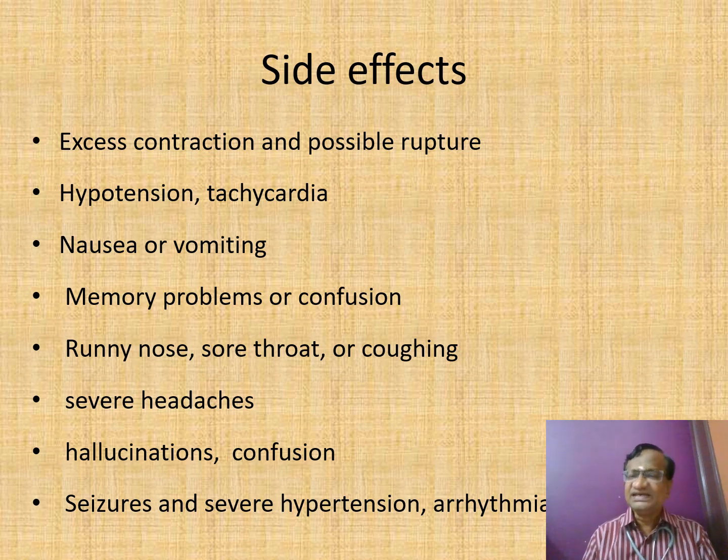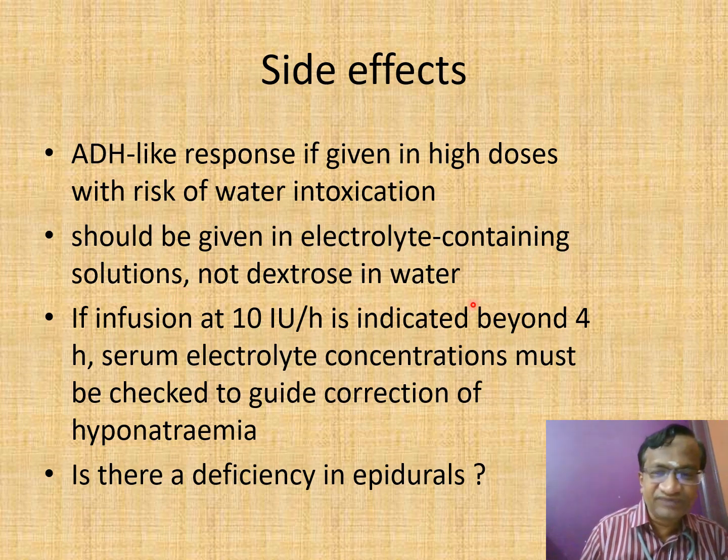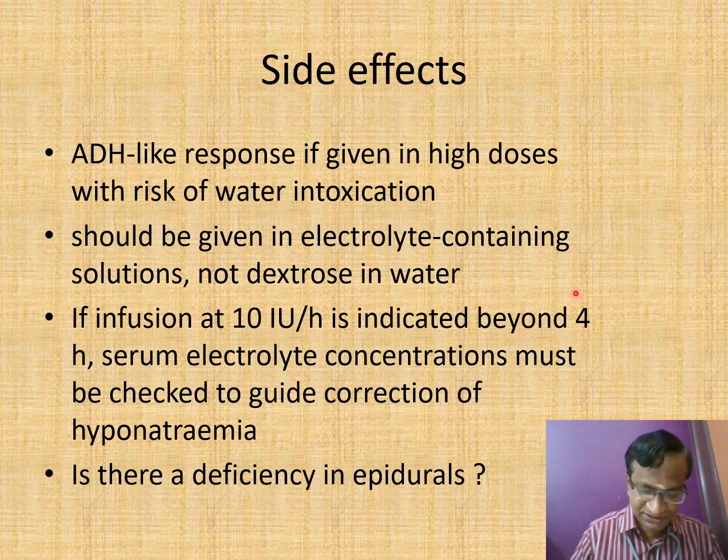Excess contraction is relatively rare with oxytocics rather than with prostaglandins or ergometrines. An ADH-like response is seen in high doses because it is close to pituitary. It should be given in electrolyte. Yes, very important clinical point.